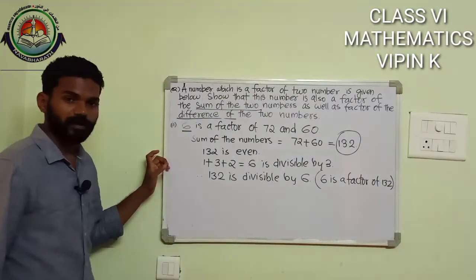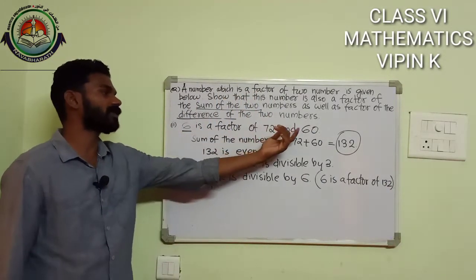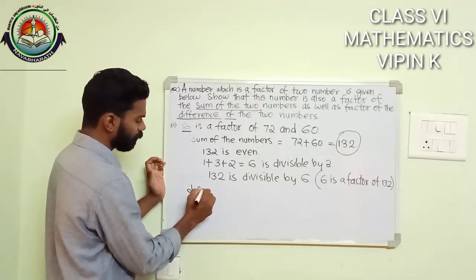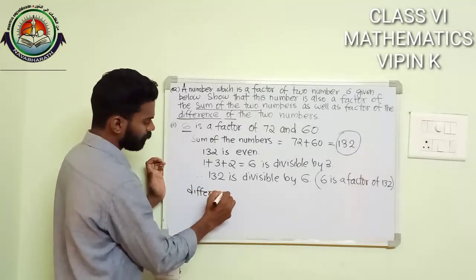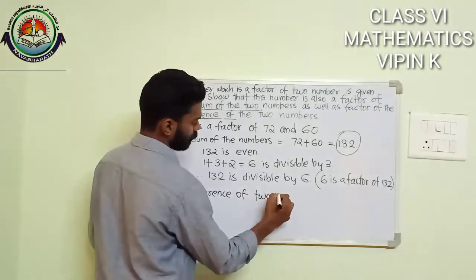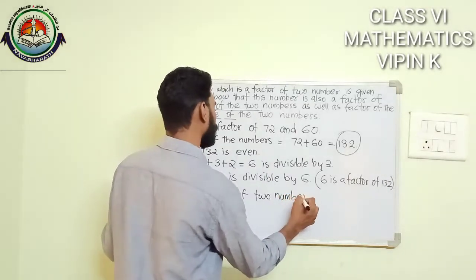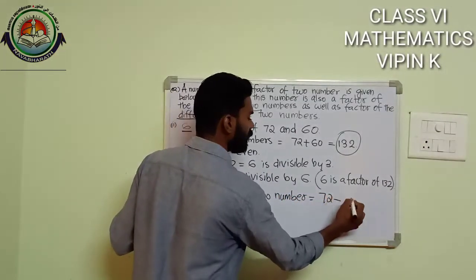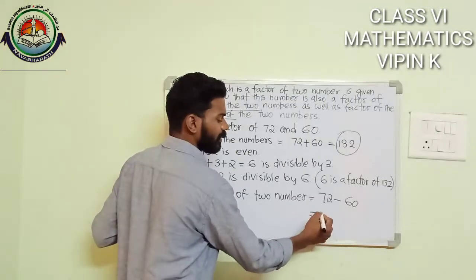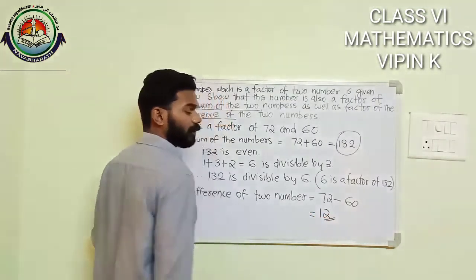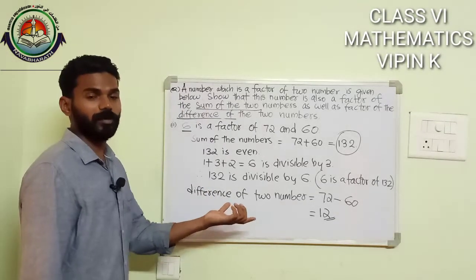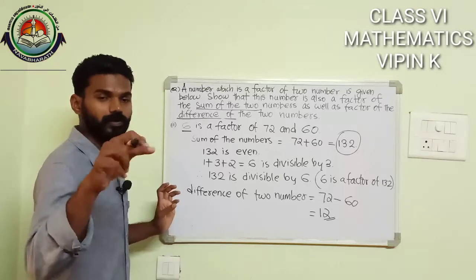Clear? Now what do we want to do? We want to consider the difference of the two numbers. What would be the difference of two numbers? It would be 72 minus 60. Now what would be 72 minus 60? It would be 12. And you know that 12 is divisible by 6, because 2 sixes are 12.